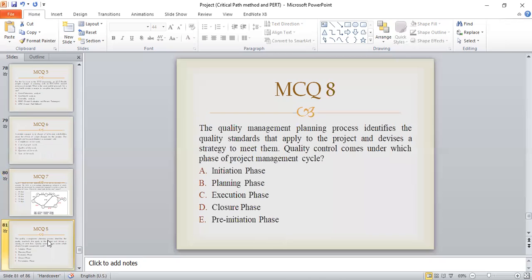MCQ 8. The quality management planning process identifies the quality standards that apply to the project and devises a strategy to meet them. Quality control comes under which phase of the project management cycle? Alpha, initiation phase; beta, planning phase; C, execution phase; delta, closure phase; E, pre-initiation phase. Beta.